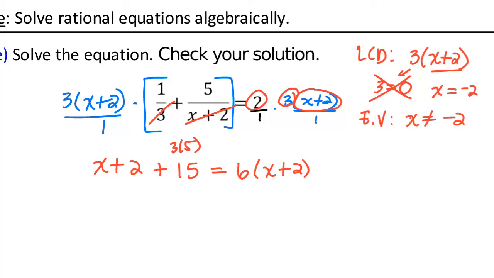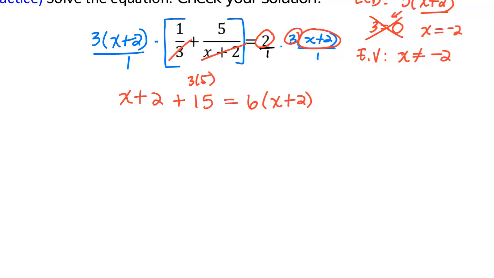And then kind of like we did on the last example, we need to combine our like terms. In this case, I have a 2 and a 15 on the same side. So that's going to be x plus 17 equals, then you distribute. 6 times x is 6x. 6 times 2 is 12.